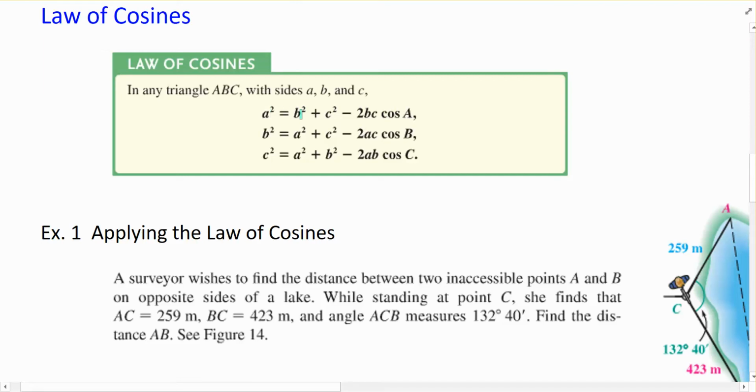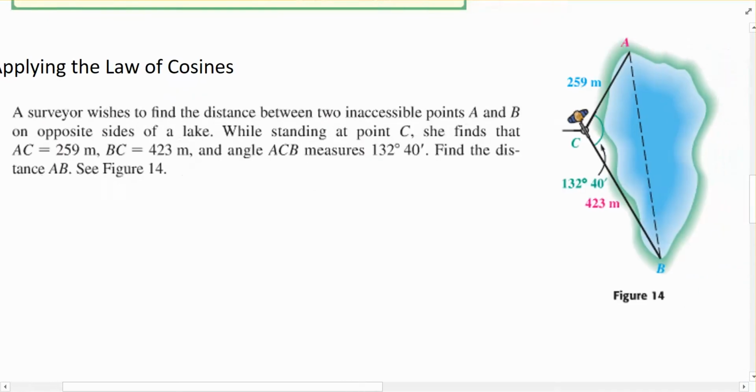If I know two of the three sides of my triangle and the angle across from the side I'm trying to find, that's when I would use the law of cosines. It depends on which angle or side I'm trying to find as to which version of the formula we use. This is what we're going to talk about in this first video.